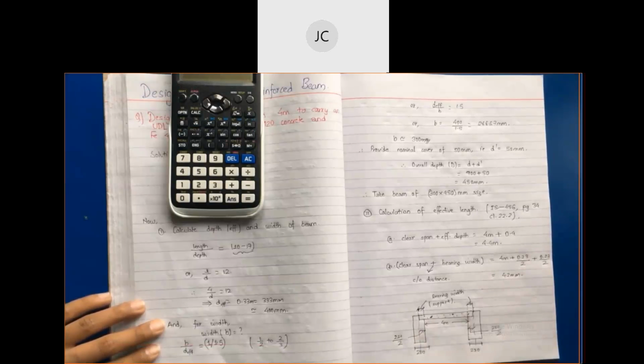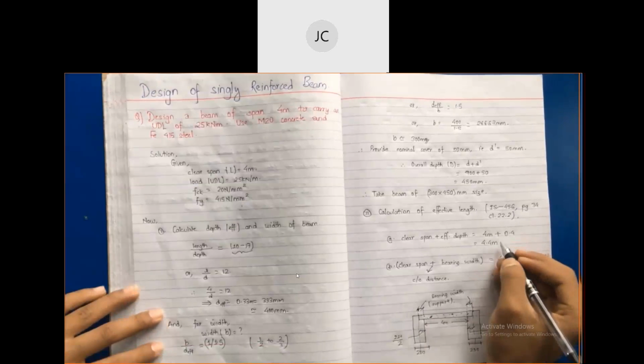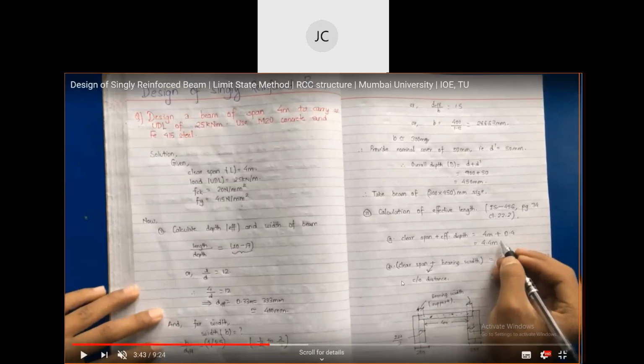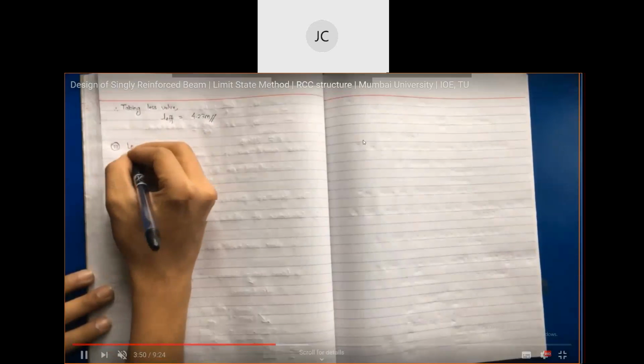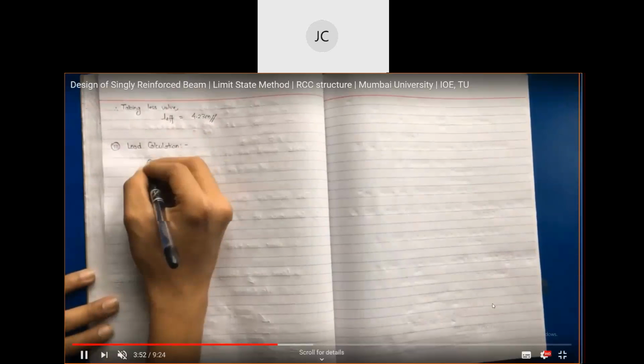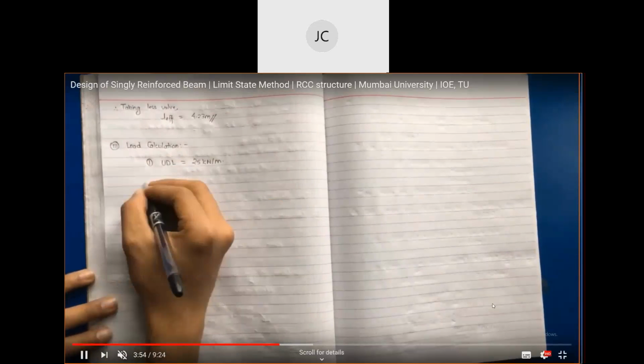So the center to center distance will be 4.2. Therefore, we have to compare these two values, 4.4 and 4.2, and take the minimum value as the effective span. Taking the lesser value, the effective span will become 4.23 meter.